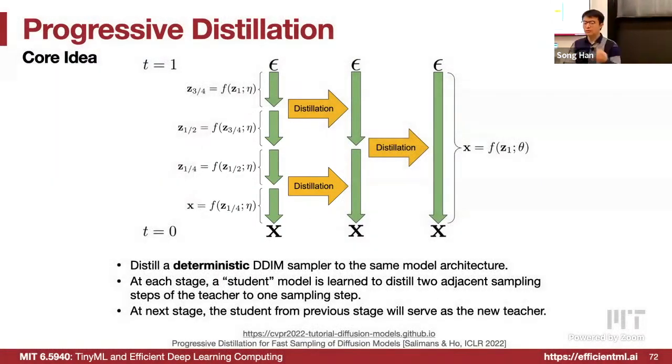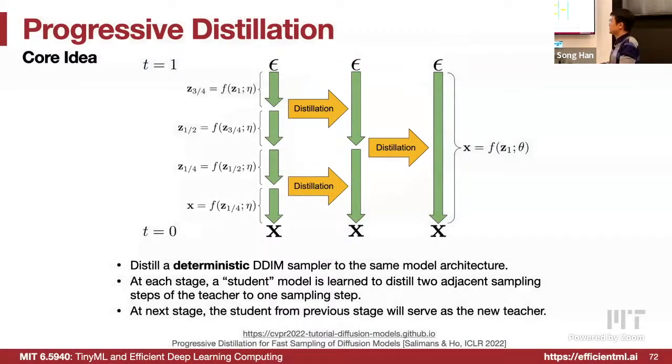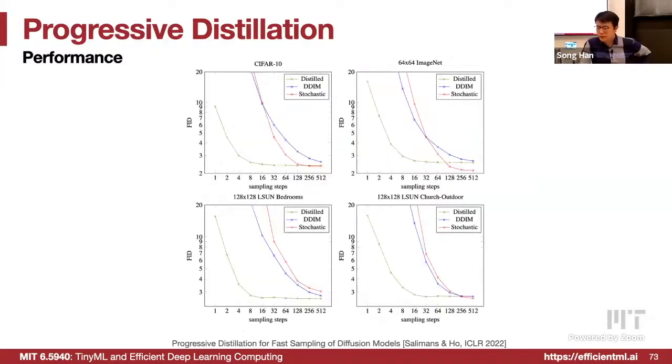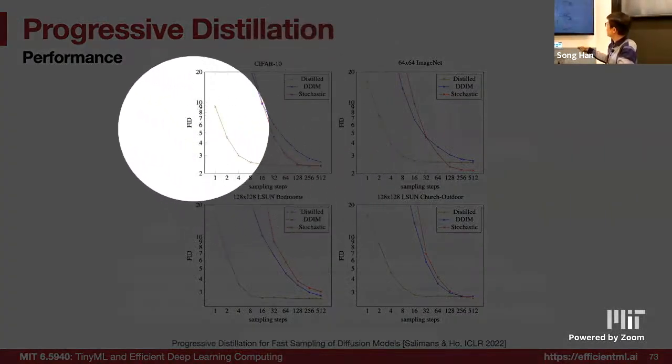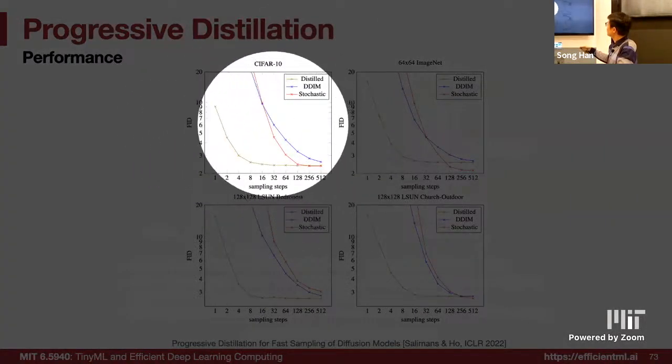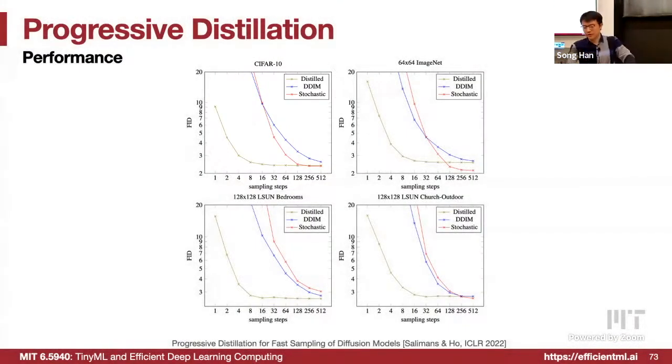So we can distill a deterministic sampler into the same model architecture. At each step, the student model learns to distill from 2 adjacent sampling steps of the teacher, and every new student reduces the number of sampling steps by 2. In this way we can reduce the sampling steps, but the FID stays much lower compared with DDIM, the original non-distilled version.